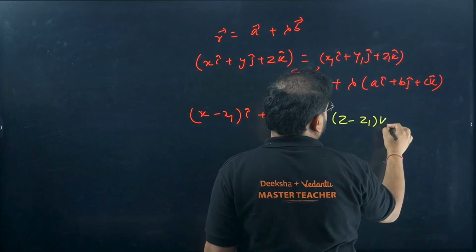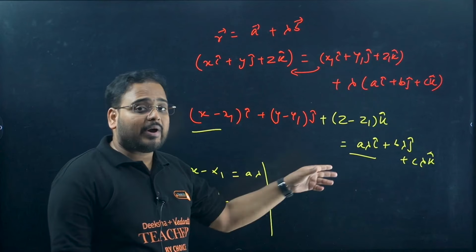Now if you compare the components of I cap and I cap on both sides, you'll have something. Please check. x minus x1 equals A lambda. From here I get x minus x1 upon A as lambda. What I'm doing is comparing the x, y and z components.